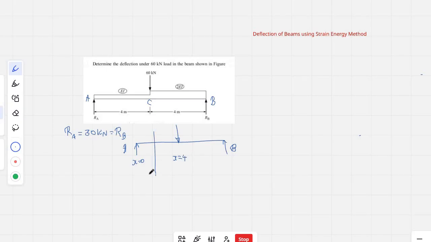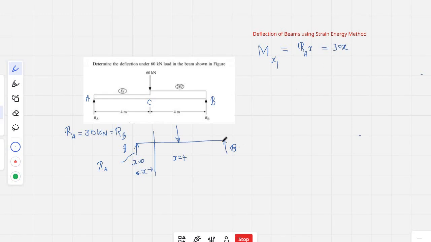So we will take X somewhere here, distance X from the point A. Now the moment at X, we will consider this as Mx1, is equal to this reaction RA multiplied by the lever arm distance X. So we get RA into X, that is equal to 30 into X.